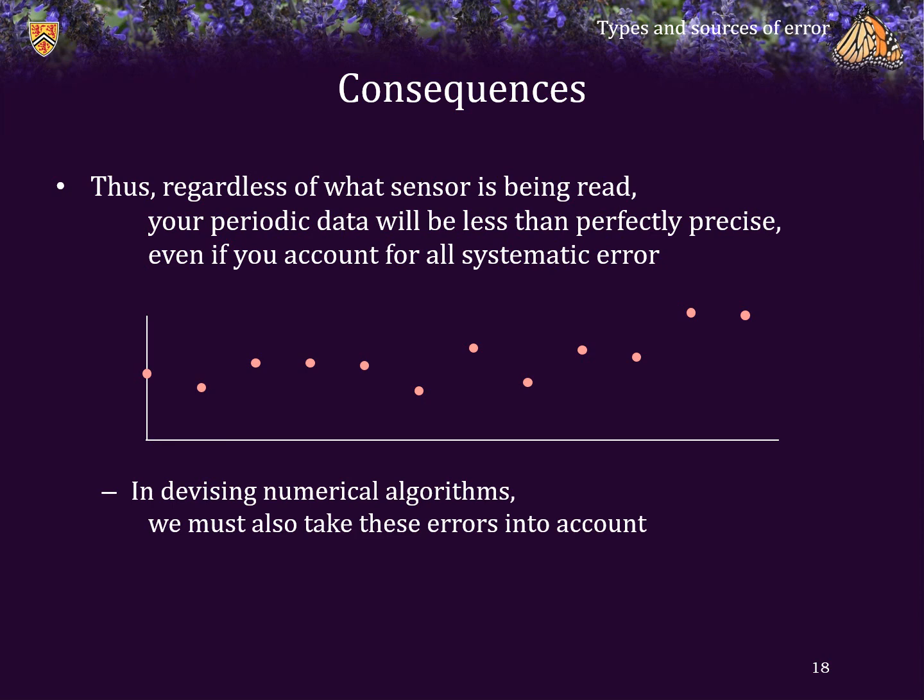So in devising numerical algorithms, we have to take into account the random errors that you see in the above periodic readings, and we will take those into account in the future lectures.